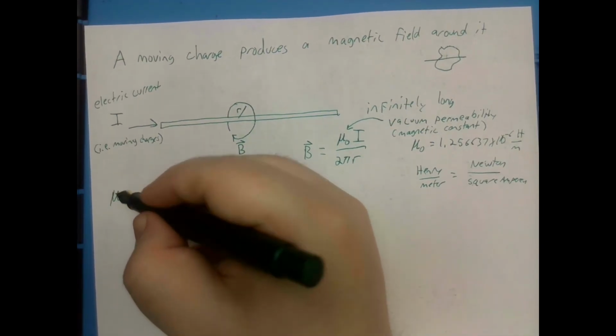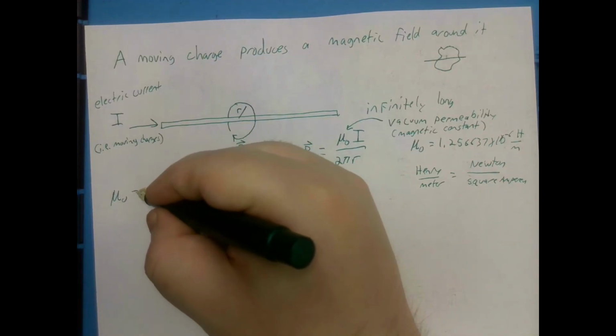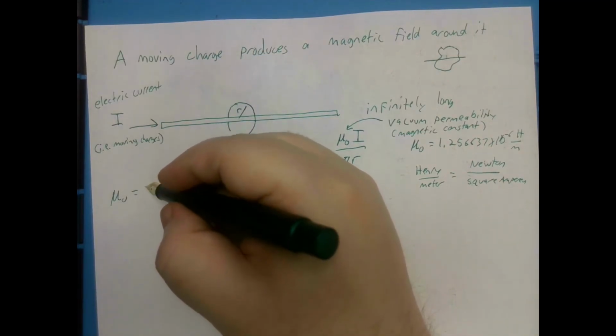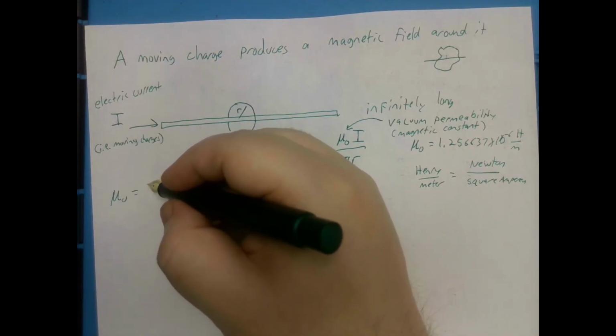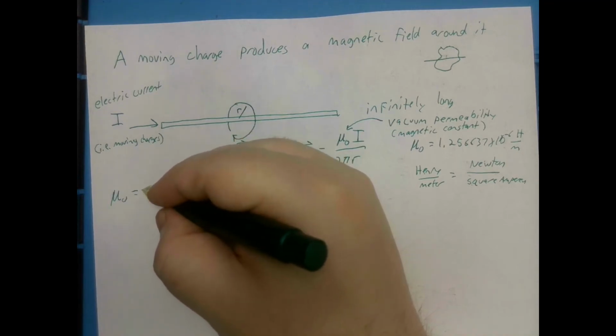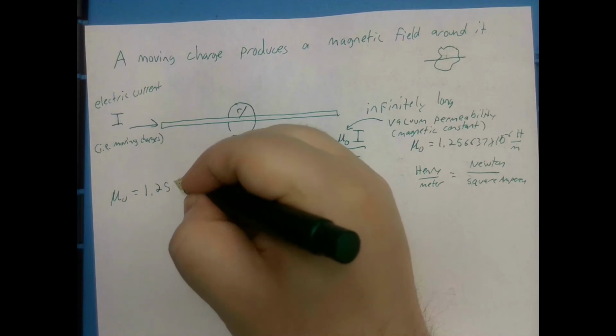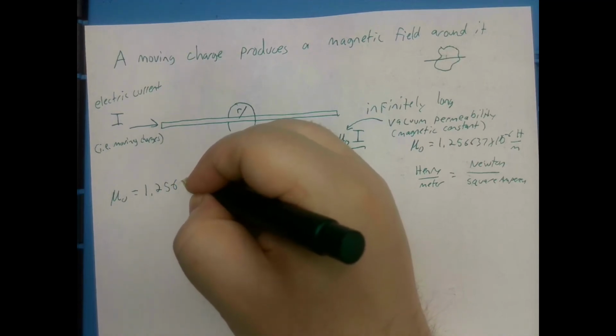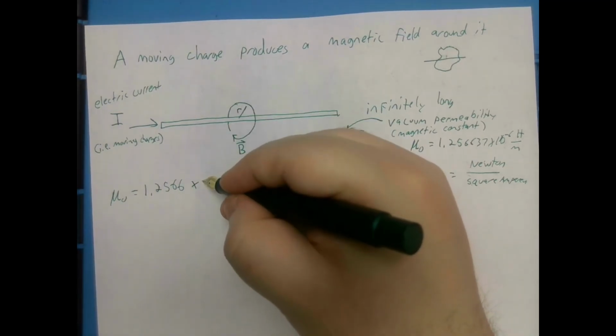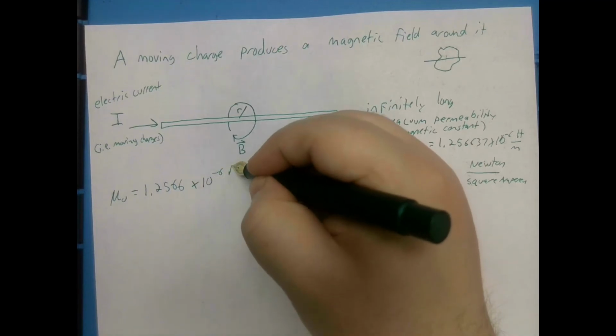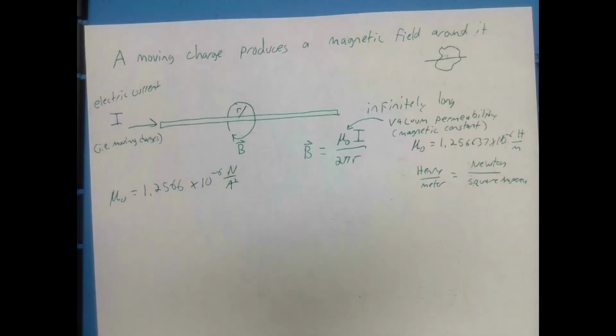So, magnetic permeability. It used to be an exact number, we define it. But we now changed the definition. So 1.2566 times 10 to the negative 6 newtons per ampere squared.